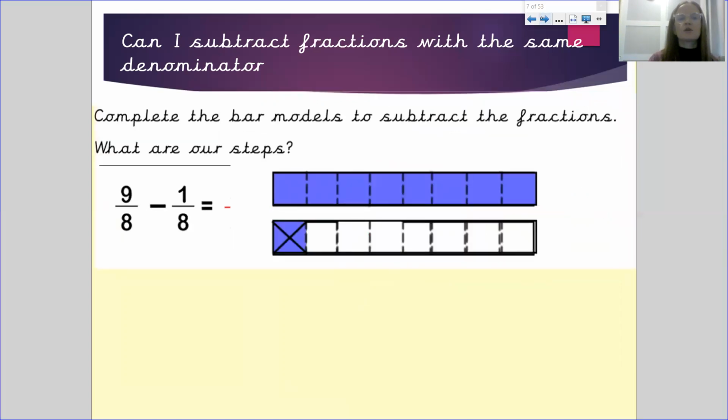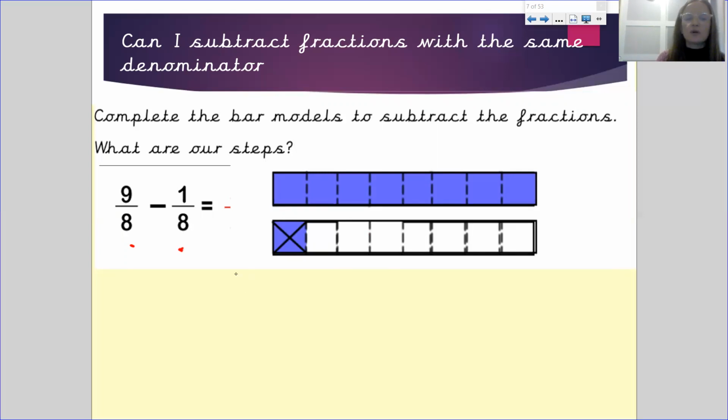Again, use the bar model or complete the bar model. So I would like you to draw this bar model and show me your working of how you subtract your fractions. Then underneath, I would like you to write your steps. So what are your steps to success when you are minusing your 9/8 minus 1/8 and what it leaves you with?